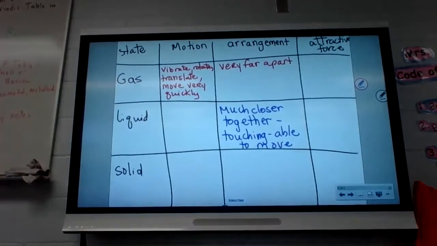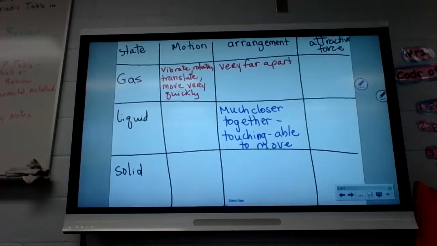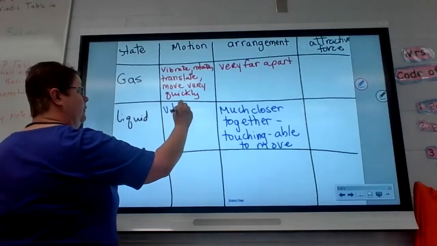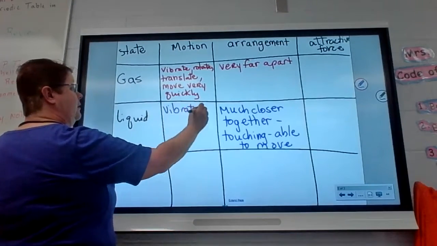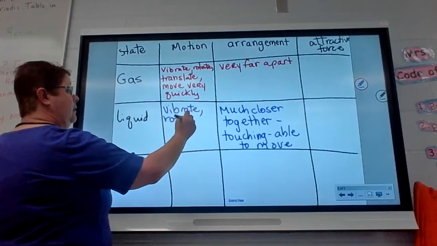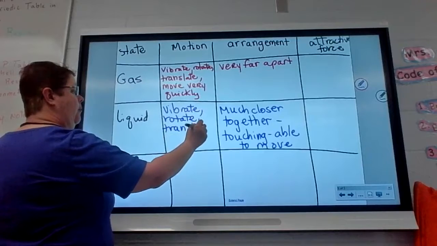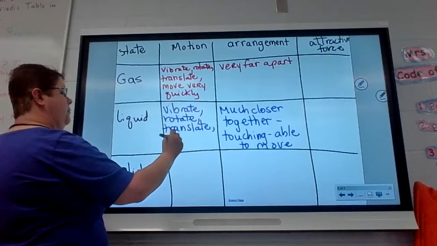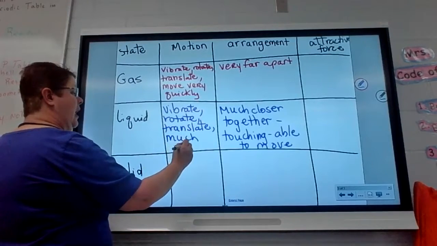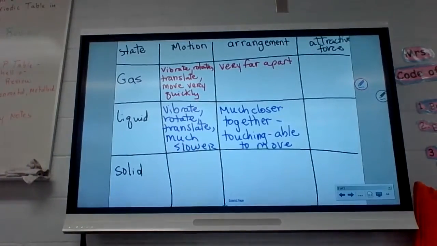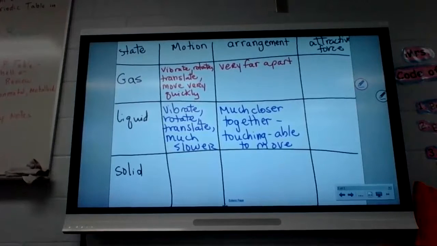Now, because they're touching but able to move, liquids are also going to vibrate, rotate, and translate, but they're going to be much slower, because the particles are so much closer together.